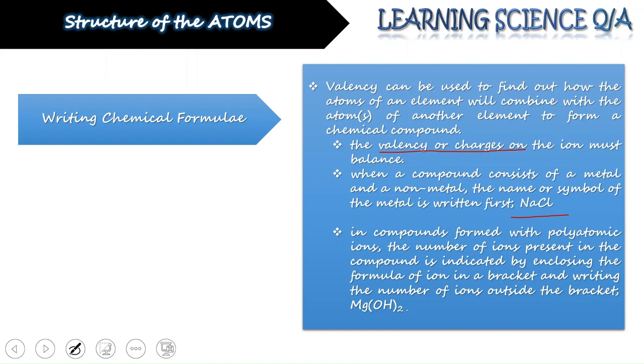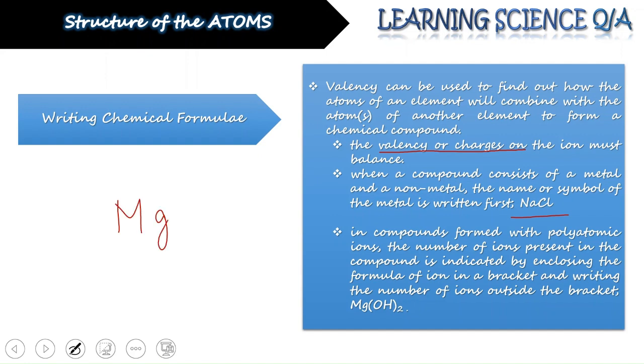When a compound is formed with polyatomic ions, the number of ions present in the compound is indicated by enclosing the formula of ion in a bracket and writing the number of ion outside the bracket. Suppose we are writing magnesium hydroxide.